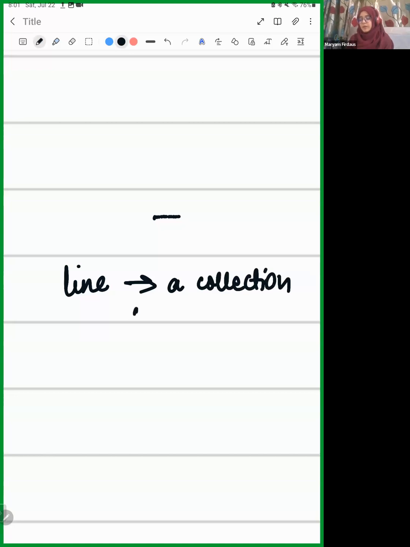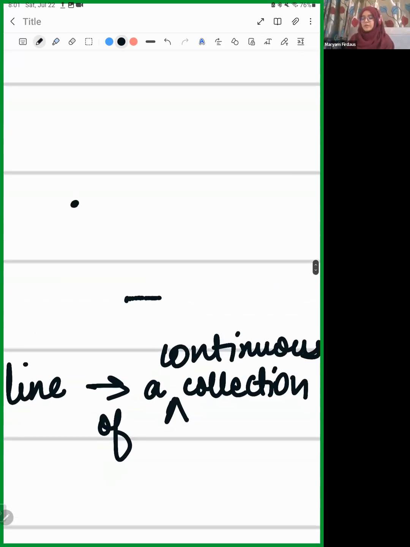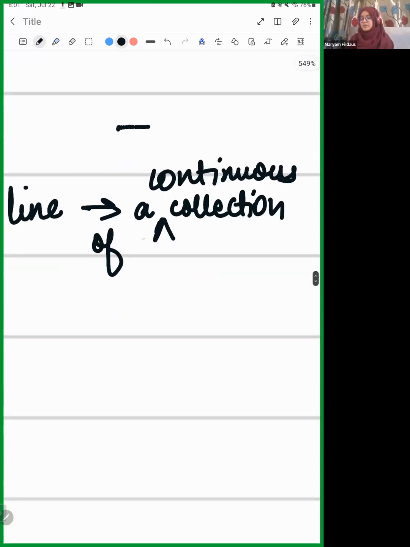A continuous collection of points. Why continuous? Because those points are right next to each other. It's not like this one point over here and another point over there. No, they're right next to each other. That's why we call it continuous. A continuous collection of points in a particular direction.